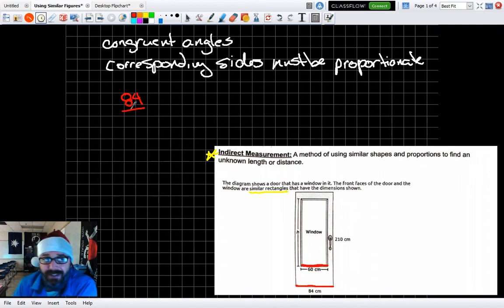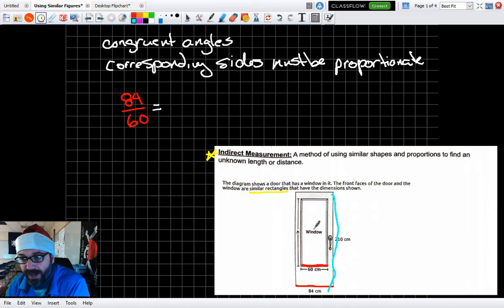And that's 60 centimeters. So I'm going to put it over the 60. And now I need to set up my ratio because I know that these are going to be proportionate. And let's go on ahead and let's look. So I have this side right here that I know, and I know that to be 210 centimeters. And I have this side, which is corresponding, that I do not know. And we're going to call that H because that's what it said to call it, right?